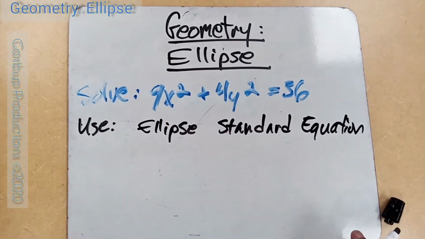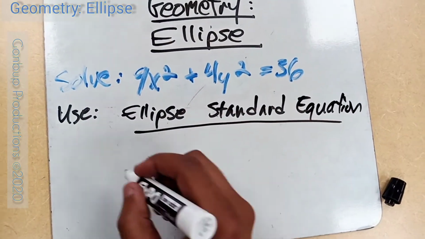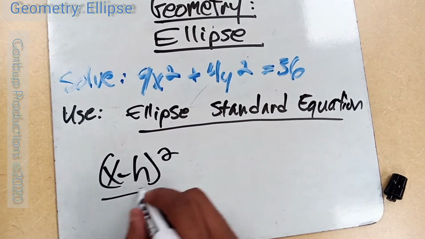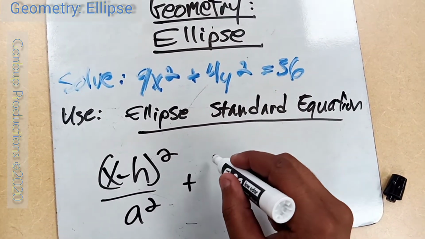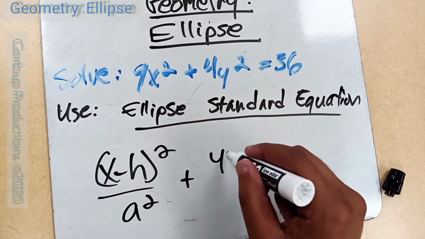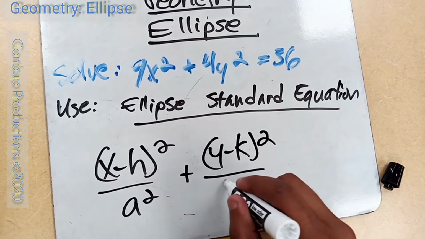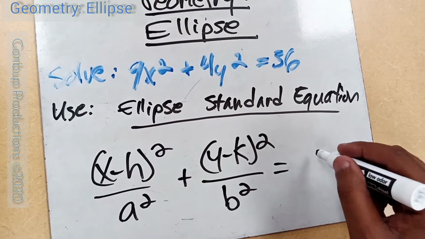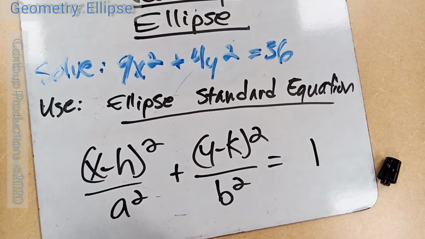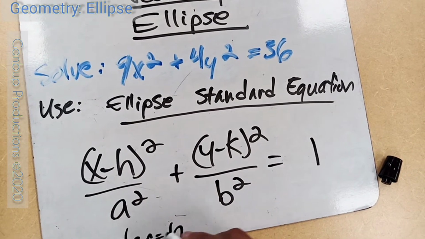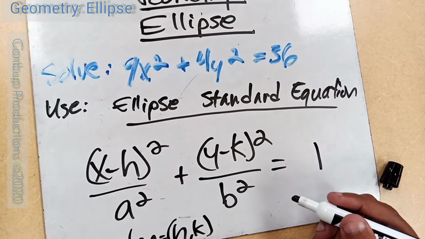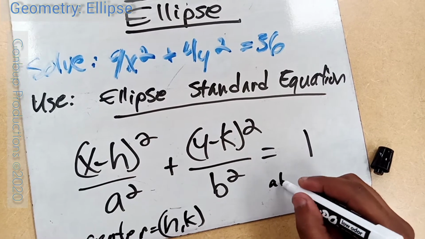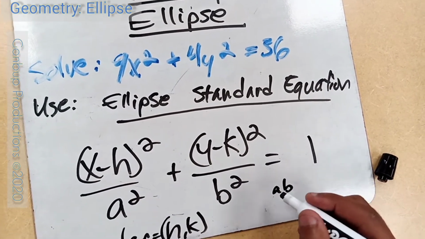So we want to use our ellipse standard equation, which is going to be (x minus h) squared over a squared plus (y minus k) squared over b squared equals 1. This is going to give us a center of (h, k) where a and b are the semi-major and semi-minor axes.